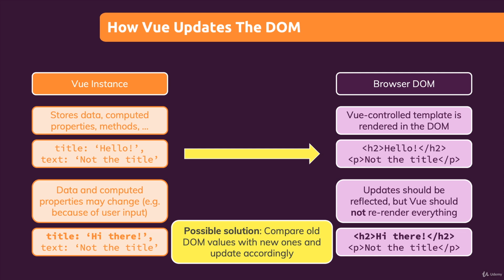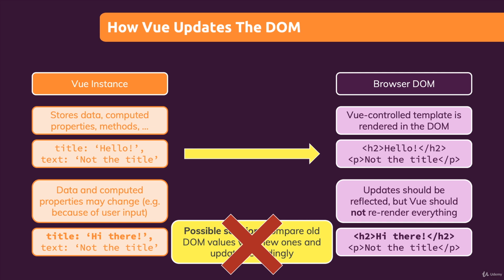Well, it could do that, and at least it would not update the entire screen then, but actually it's not what it does, because reading the entire real DOM, which is rendered by the browser, all the time whenever something changes, is also pretty performance intensive. Maybe not as bad as re-rendering the entire page all the time, but definitely not great.